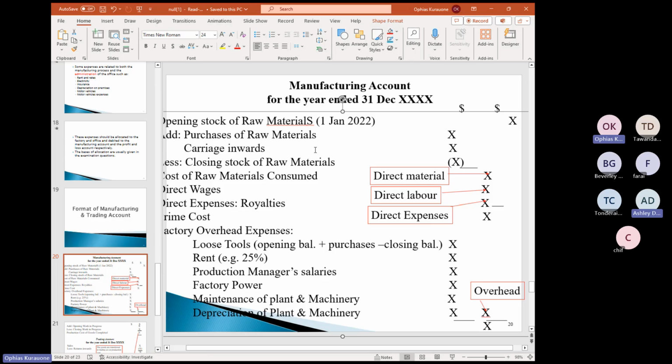The purchase consideration is the amount paid to the suppliers during that particular period, then carriage inwards to bring that inventory into use.